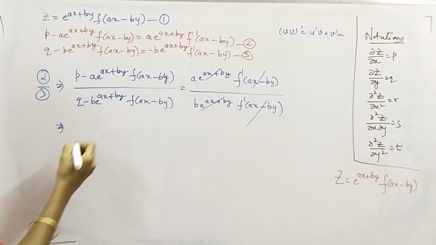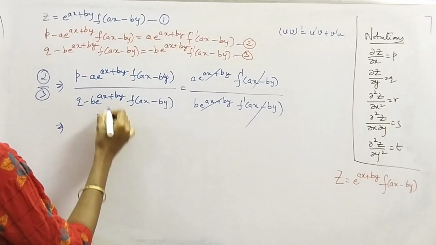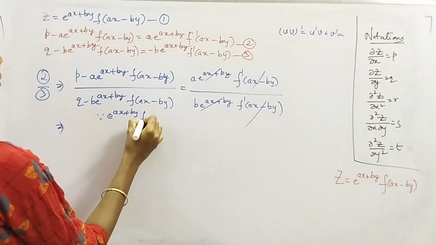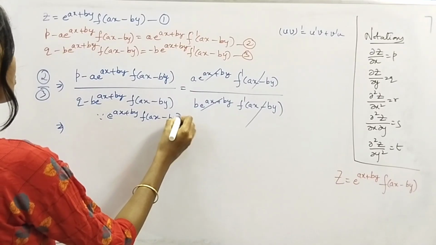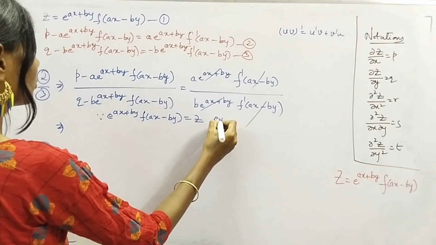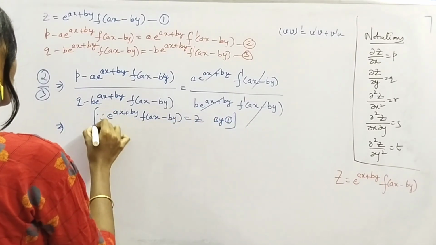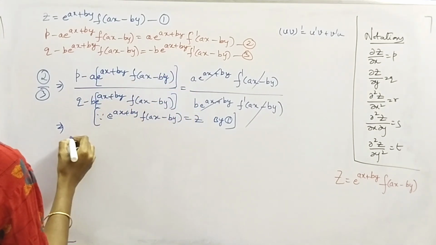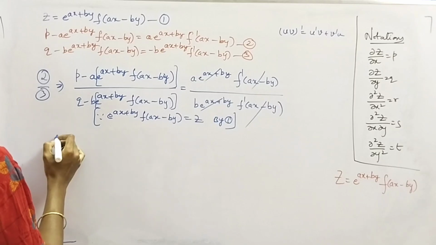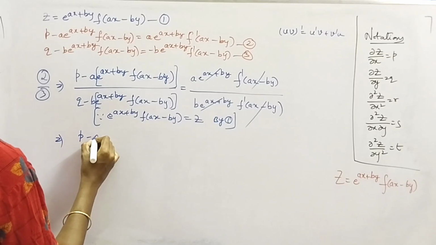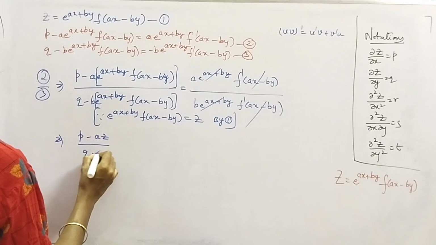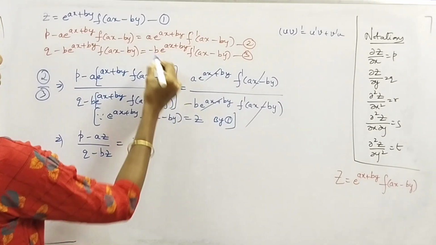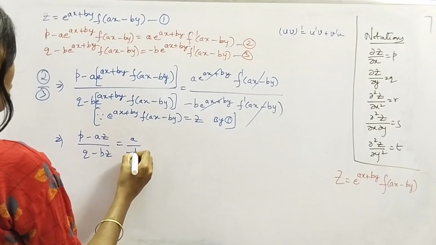Fine. And also since e power ax plus by into f of ax minus by equal to z by 1, let's replace this and this by z. This gives us p minus az by q minus bz equal to, here you'll get minus, right? You have minus, so a by minus b.